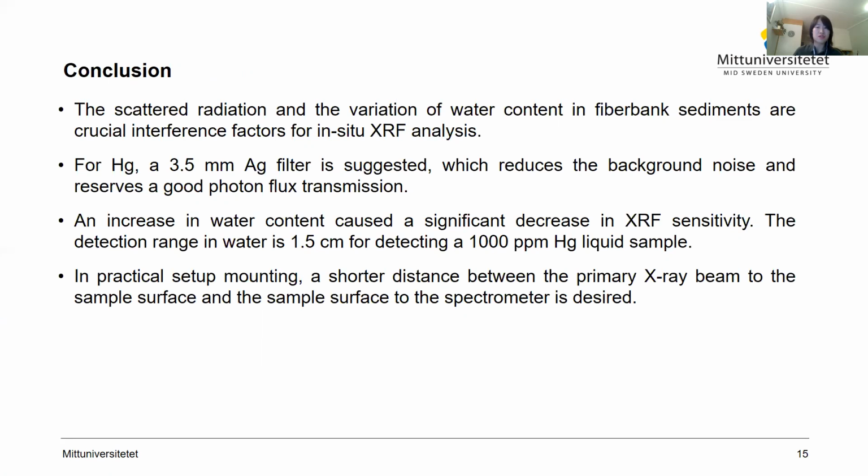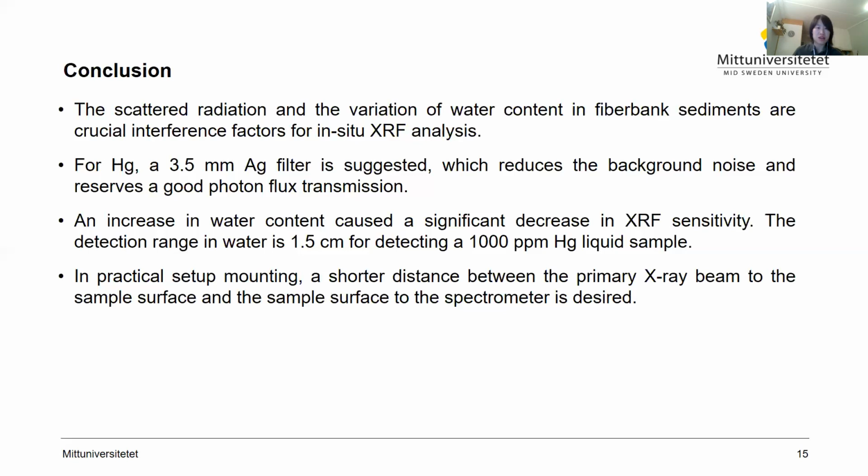Simulation on a series of water thicknesses demonstrated that an increase in water content caused a significant decrease in the XRF sensitivity due to the absorption of the characteristic X-ray line from the sample, and the water also produced a stronger scattered background noise of the primary radiation.